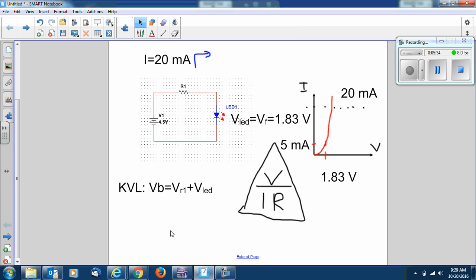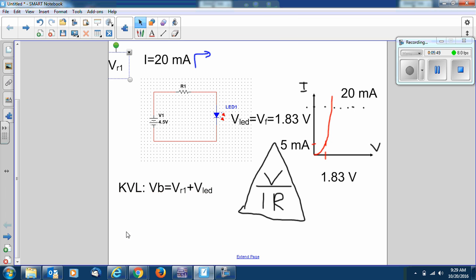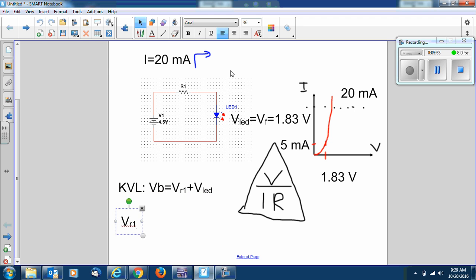Okay. So now using KVL, we can easily find V of R1. This is just V of R1 equal to the voltage of the battery minus the voltage of the LED.